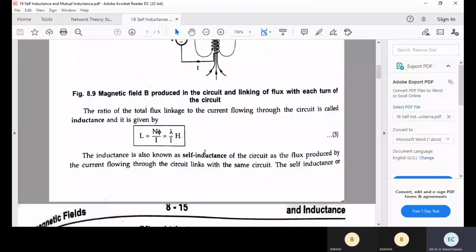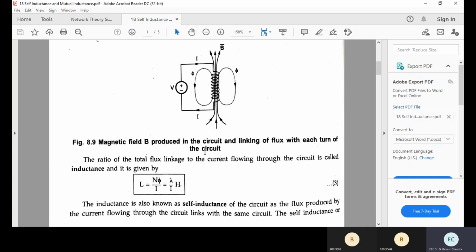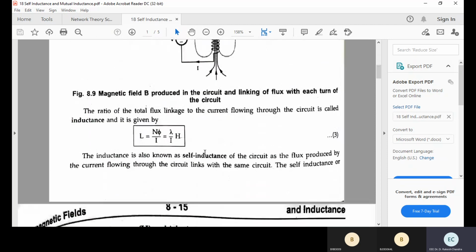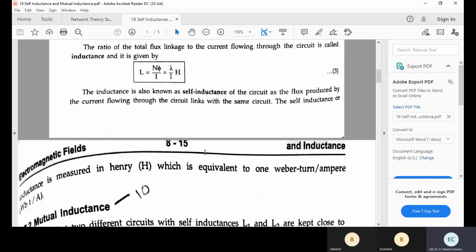The flux is N phi here because the coil has N number of turns, so L is equal to phi by I, N such terms, so N phi by I. That N phi is nothing but flux linkage, which can be indicated with lambda, so lambda by I. The unit is Henry. The flux is the self flux and the inductance is self-inductance. Next, what is a mutual inductance?